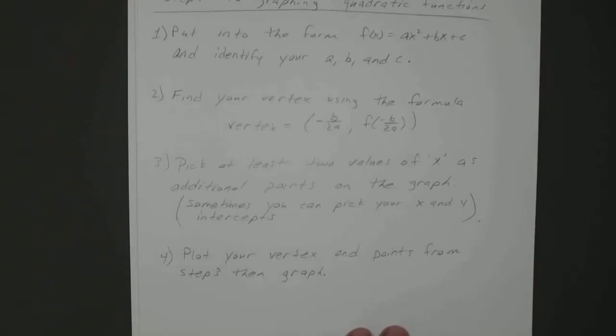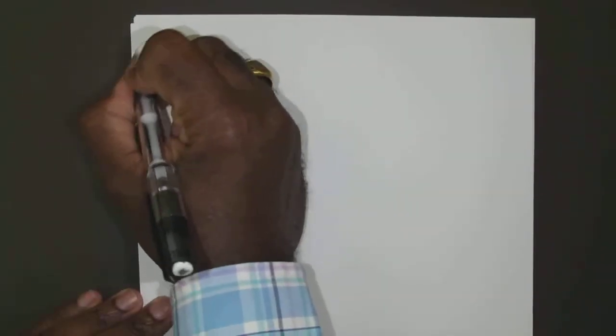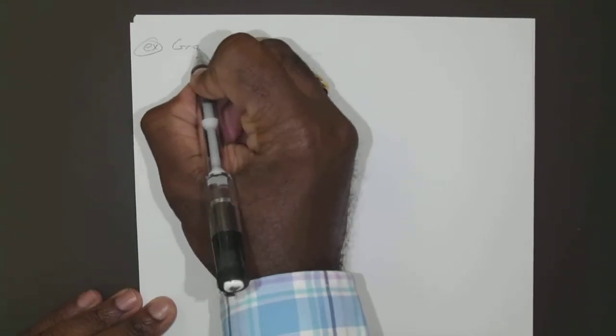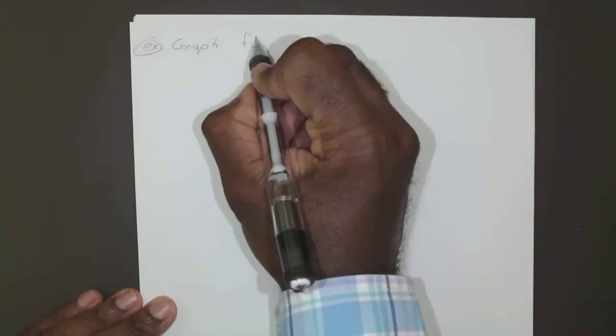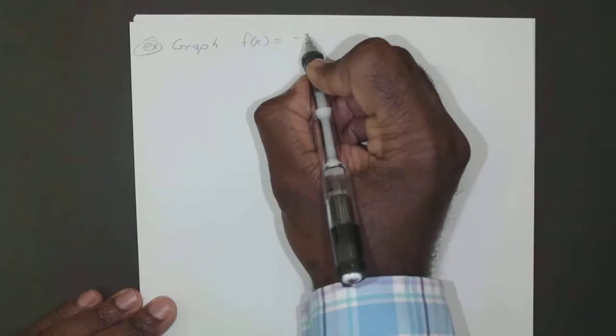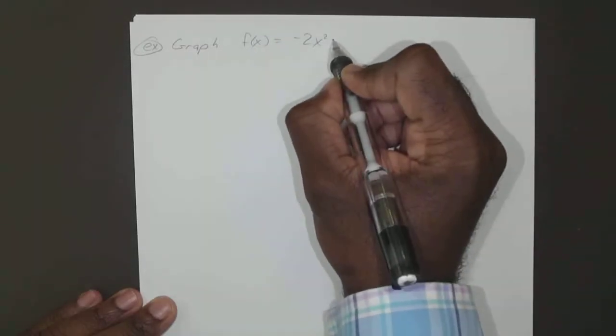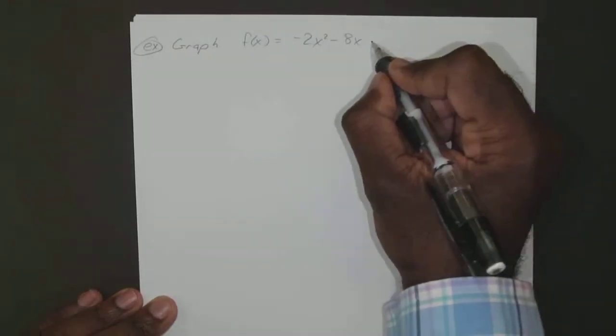All right, so let's say, for example, we want to graph f of x equals negative 2x squared minus 8x minus 8.